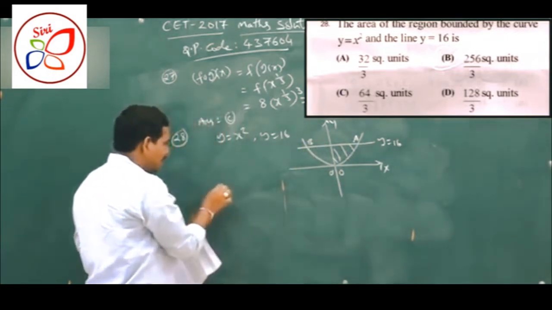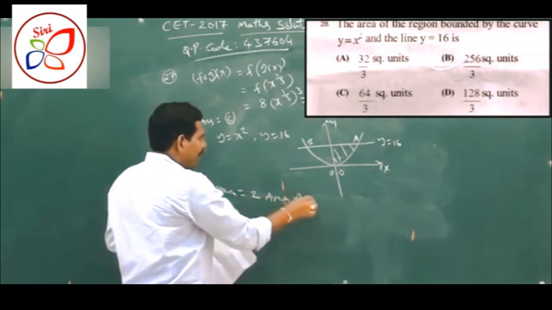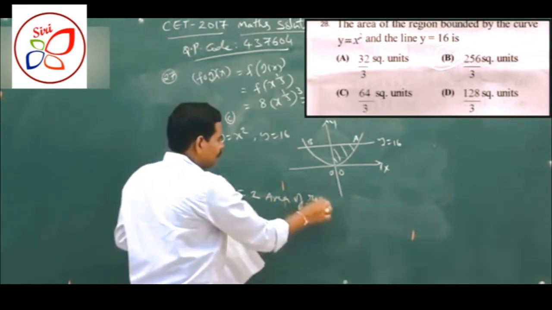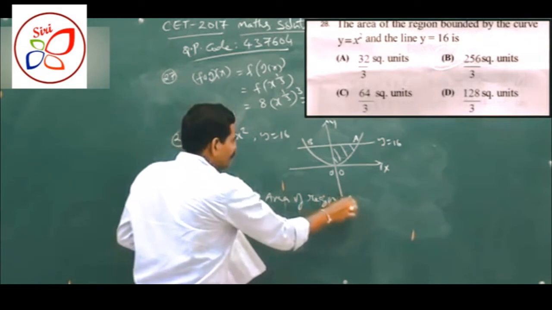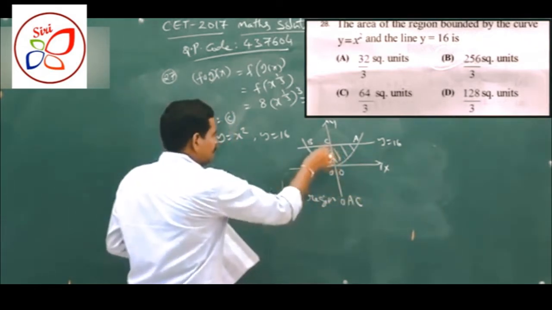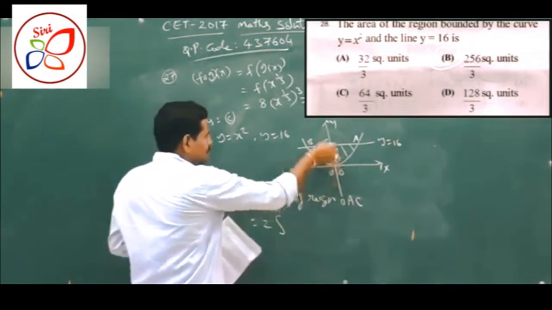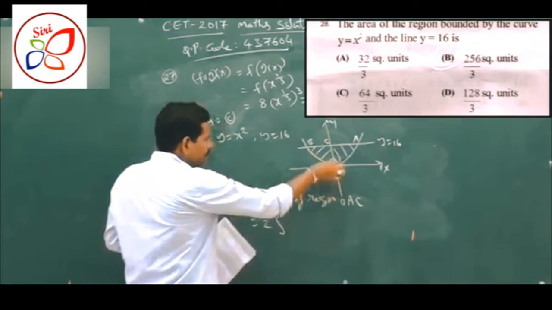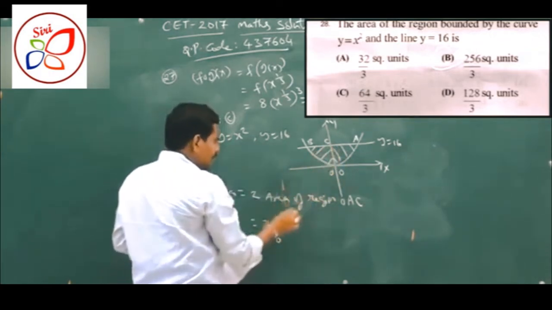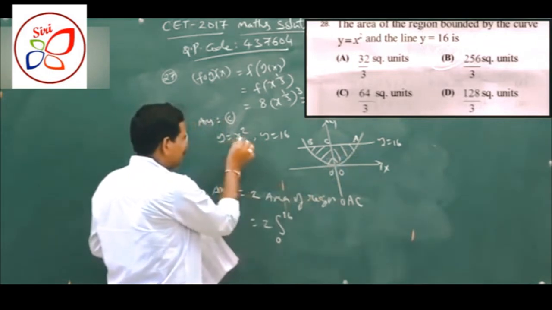So, required area is equal to 2 times the area of region OAC, if it is C, because both are symmetric. 2 into integral, we need limits of y. Y here 0, there 16. And here, what is the value of x?